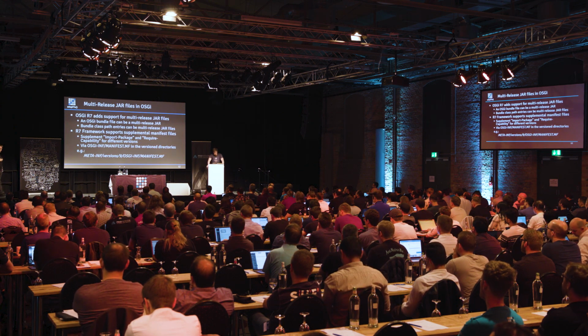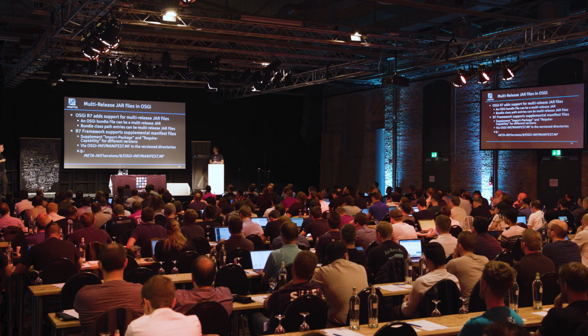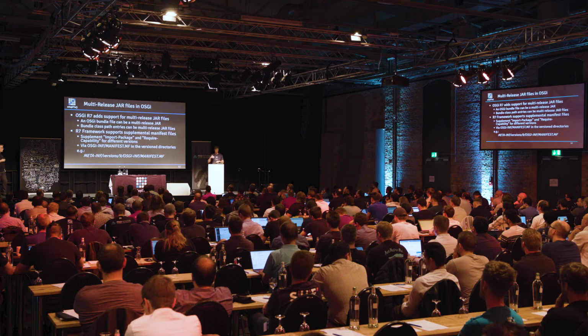So that's not that newsworthy, but the main point here is that we felt this is not enough, because for us it's a challenge: if I shadow some class in Java 9, it might introduce different import dependencies or requirements on capabilities. So we introduced this notion of a supplemental manifest.